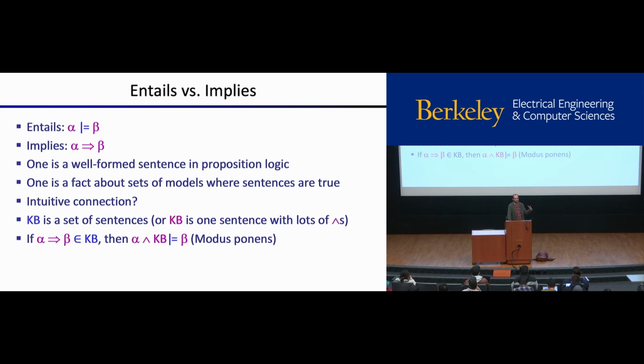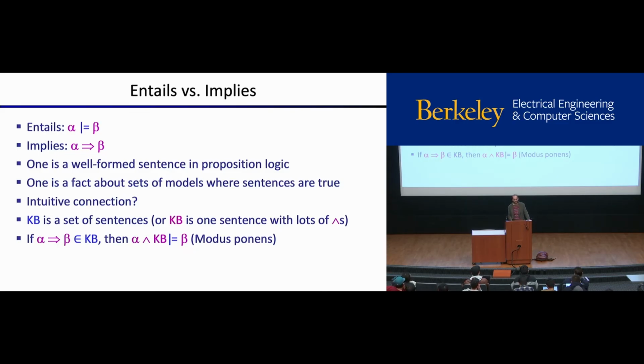So together with my knowledge base, alpha entails beta, if alpha implies beta is in my knowledge base. So that's the connection between the logical sentence alpha implies beta and the possibility of alpha entailing beta.